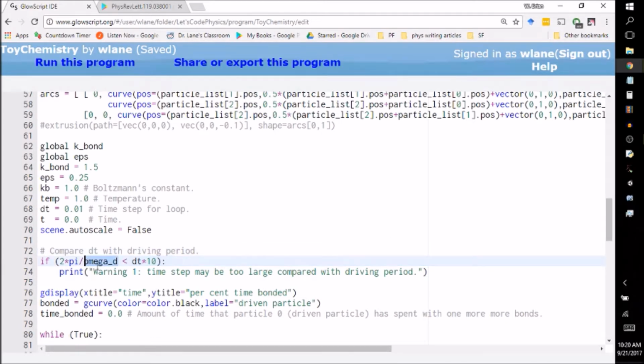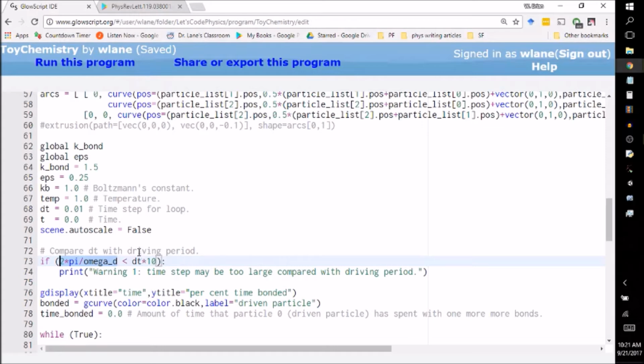You can change that into the period of this force by taking 2 pi over omega d. And basically we want to make sure that that is large compared with dt. The way I've set up this condition is that we want to get at least 10 time steps for every time the driving force cycles through.